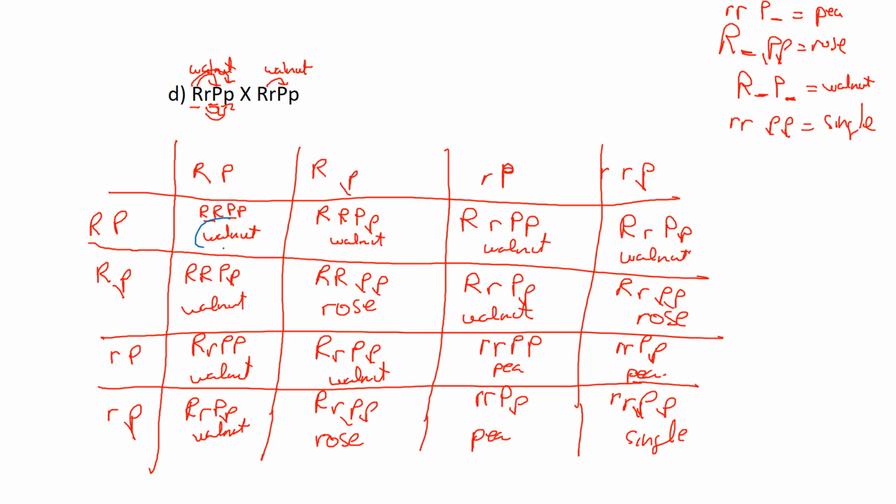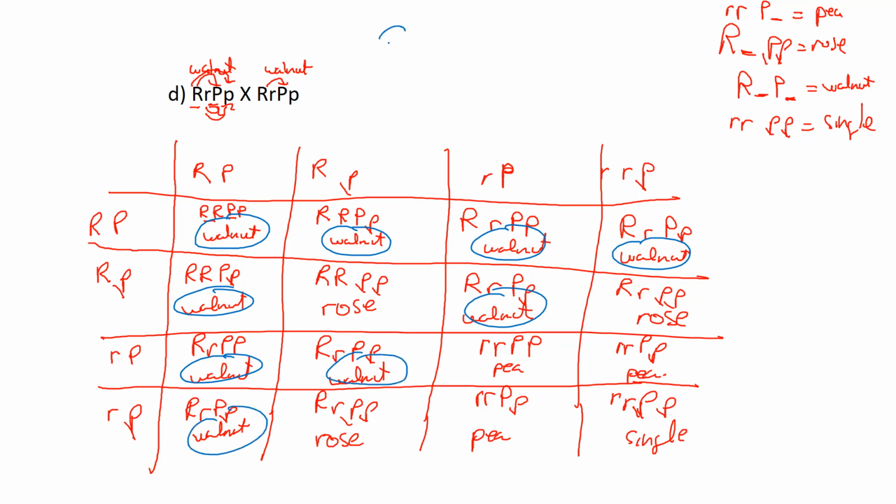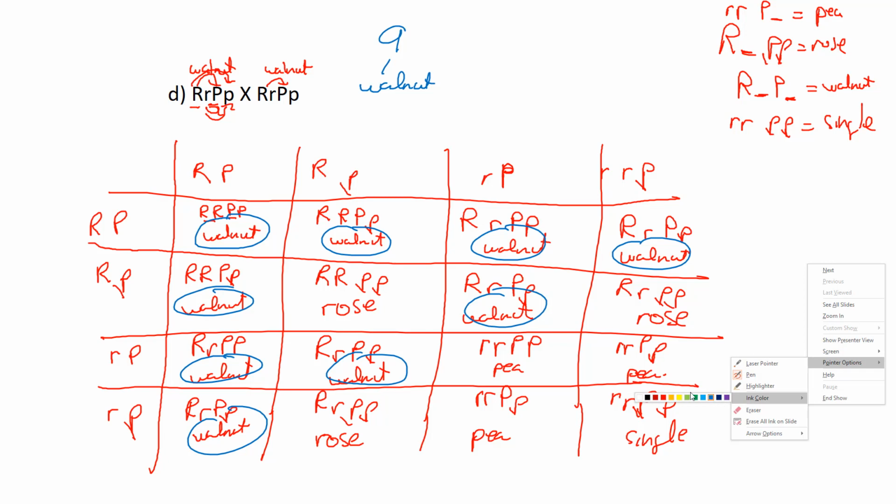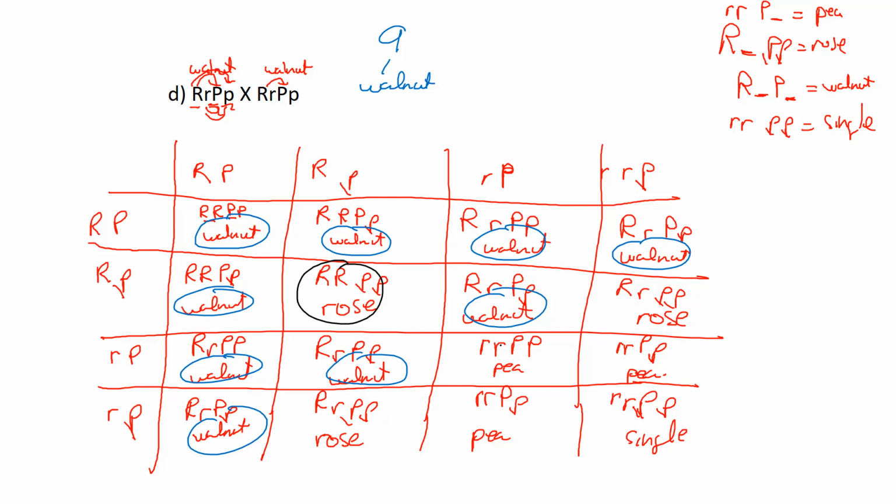So let's circle the walnuts. 1, 2, 3, 4, 5, 6, 7, 8, 9 walnuts. So 9 of these are going to be walnuts. Change the pen color. Let's go black for rose. Rose, 1, 2, 3, that's all I see.